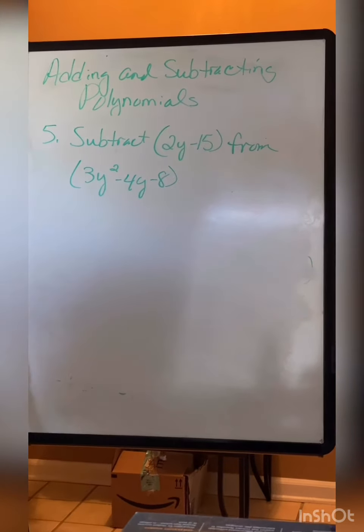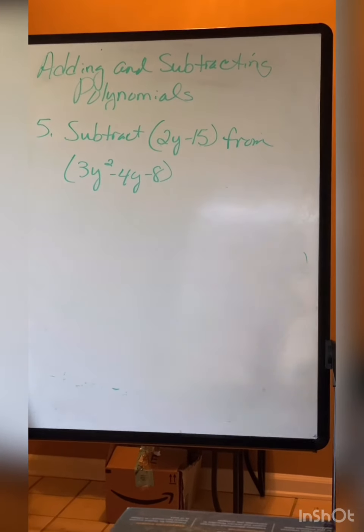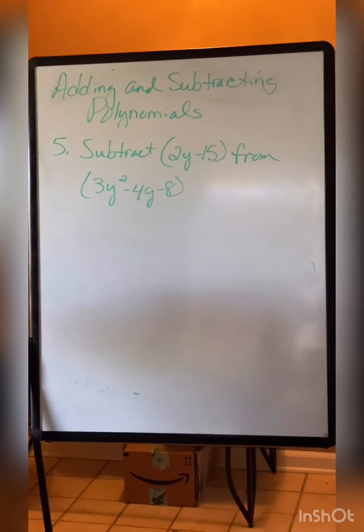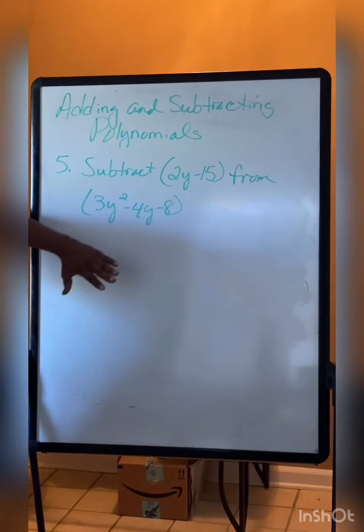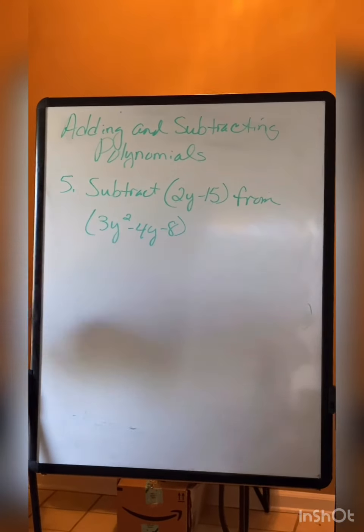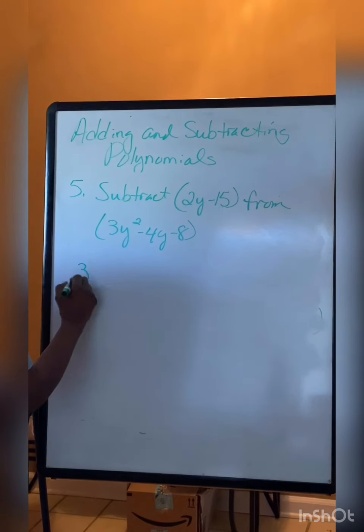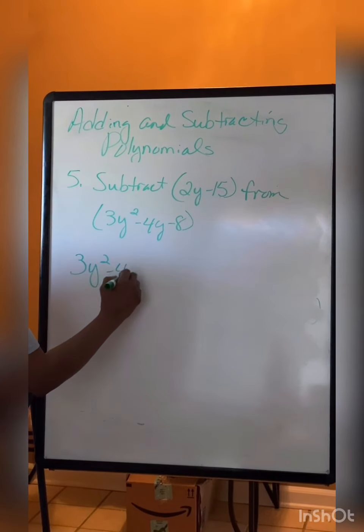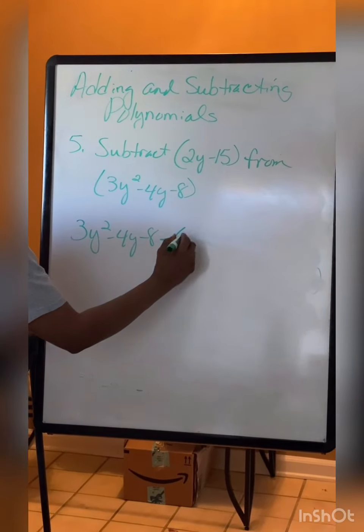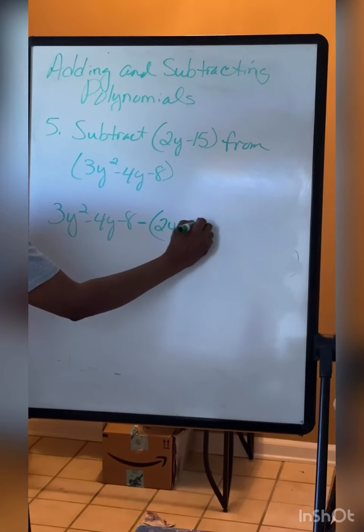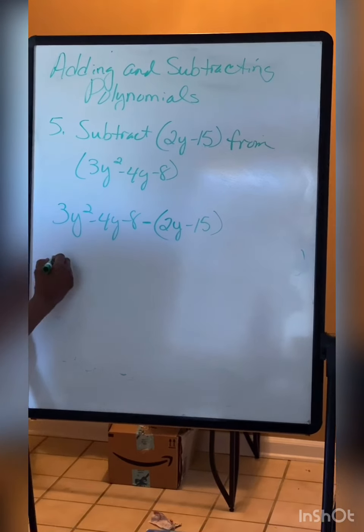Now, you've got to make sure that you know how to set the problem up. Again, it's asking you to subtract this binomial from this trinomial. So that means it is asking you to do 3y squared minus 4y minus 8 and subtract this binomial from it. Again, we're going to clear the parentheses.